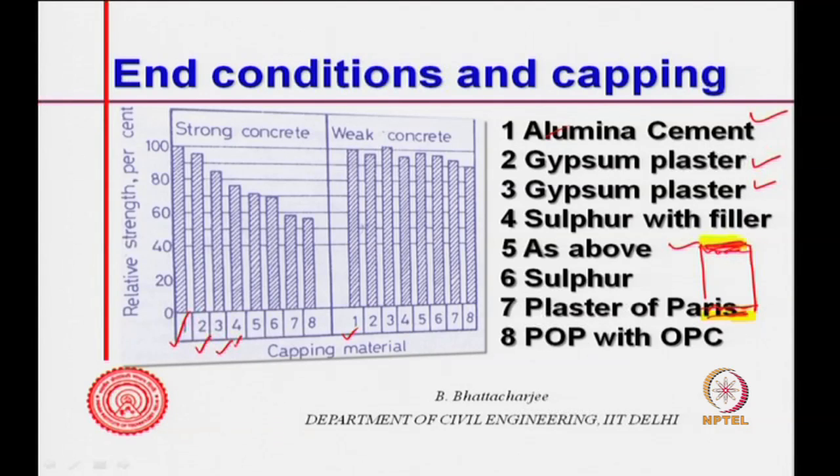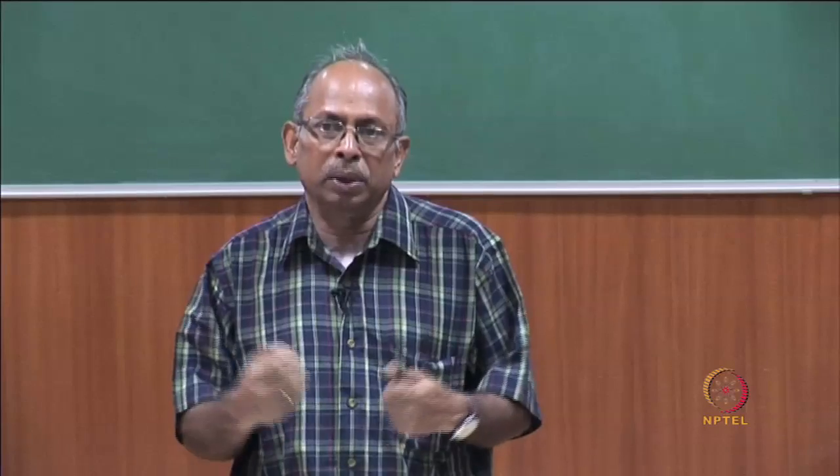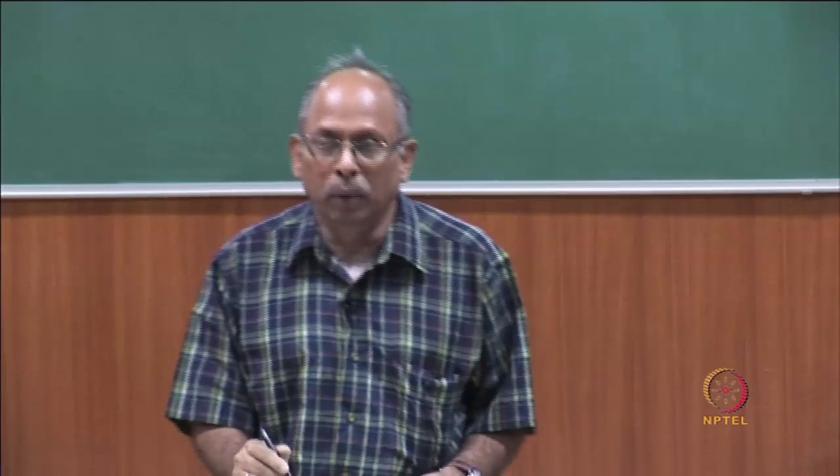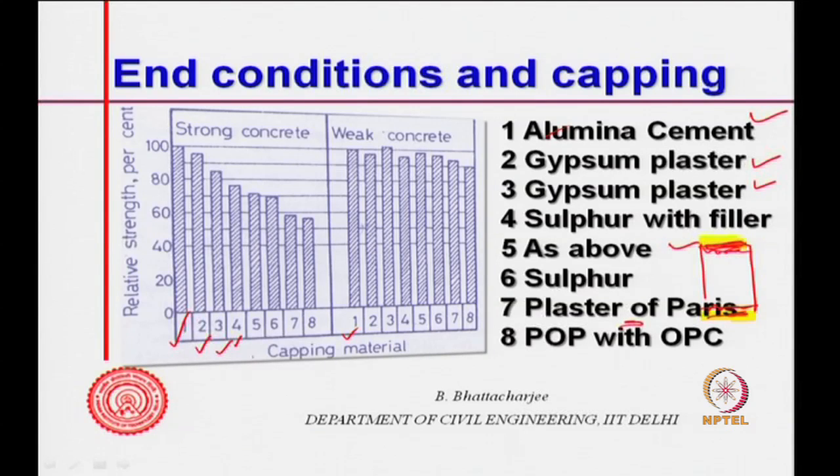Yellow sulfur you might have seen actually melts. So, you put some aggregate into it, some filler, then it becomes almost concrete when it solidifies. So, the sulfur concrete. Then plaster of Paris, calcium sulphate 2H2O that we know, POP, plaster of Paris with ordinary Portland cement.